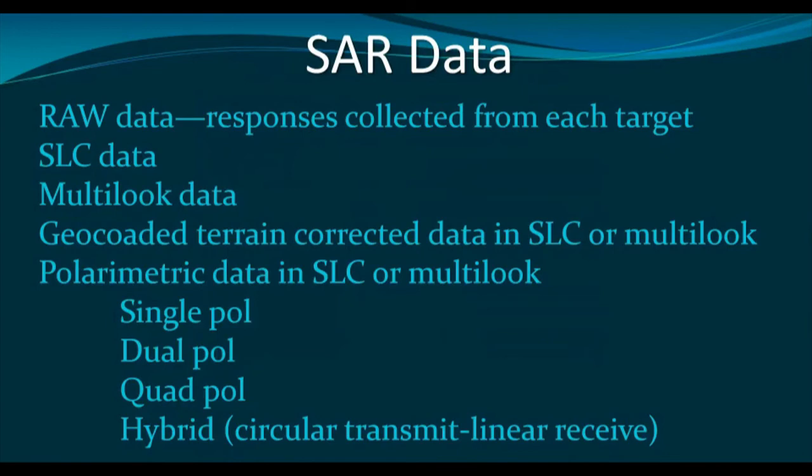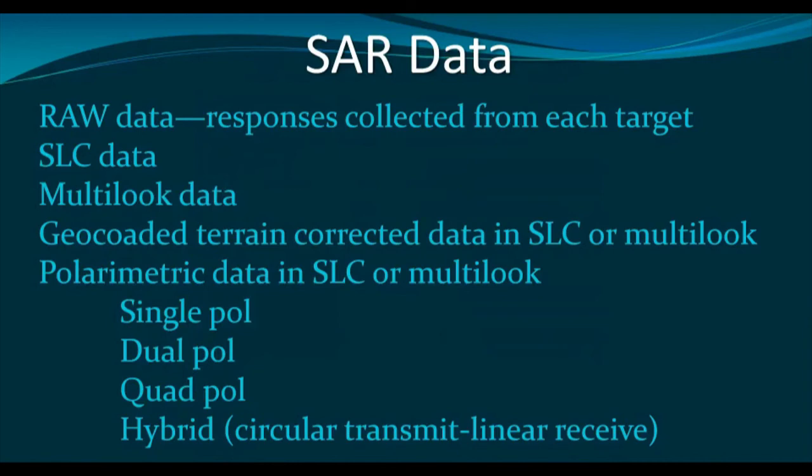So we may have the single look data. If we have the single look data, then it is fine. It can also be processed for multi-look processing to obtain the multi-look data, or we can even obtain the multi-look data directly. Then geocoded terrain corrected data, in single look or in multi-look. Geocoded terrain corrected means you may think of this data as the orthorectified data.